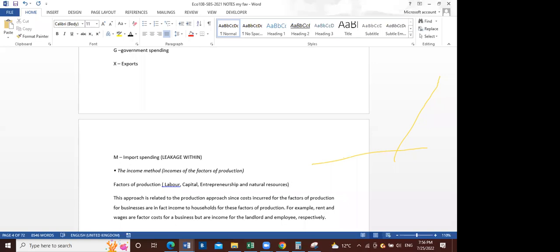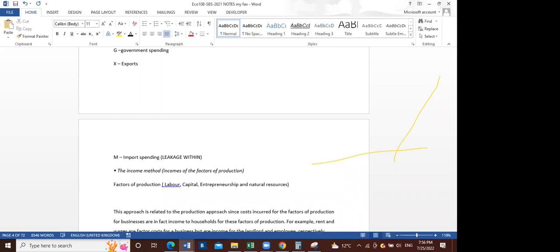If the household lets out their entrepreneurship, their enterprising skills, and they've started a business, what do they gain in return? They gain profits. And if the households have let out their natural resources, what do they gain? They gain rent.